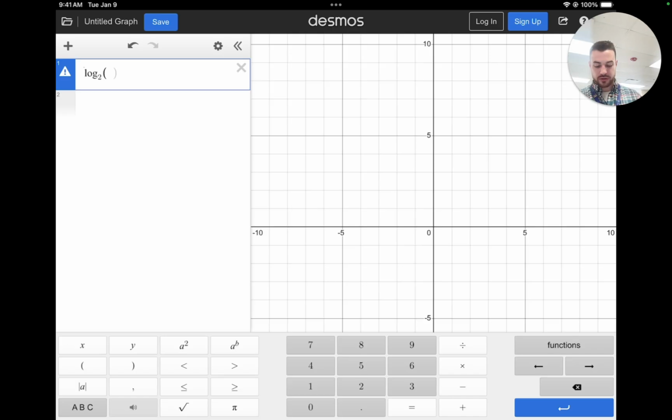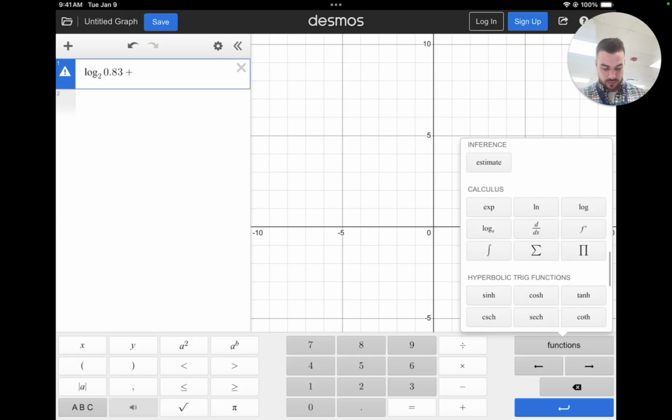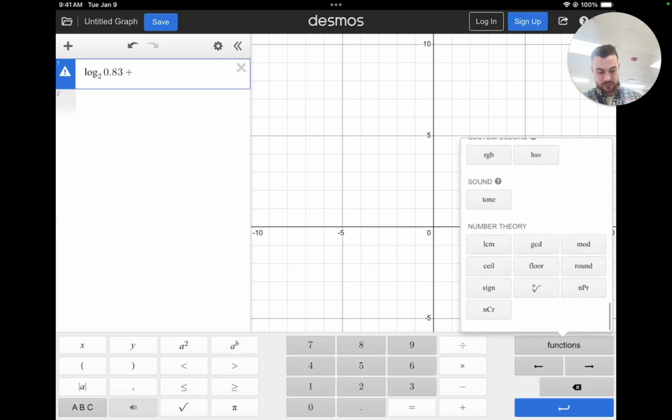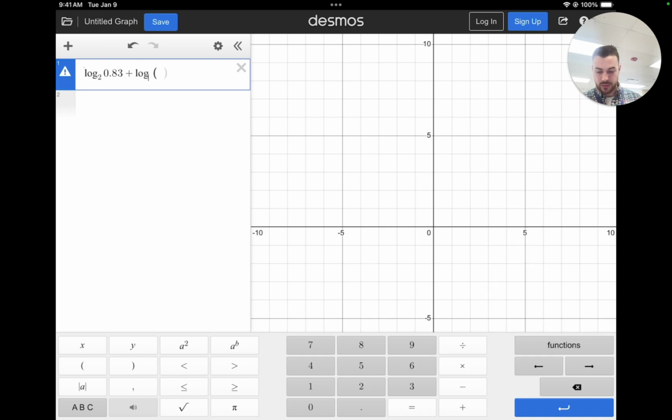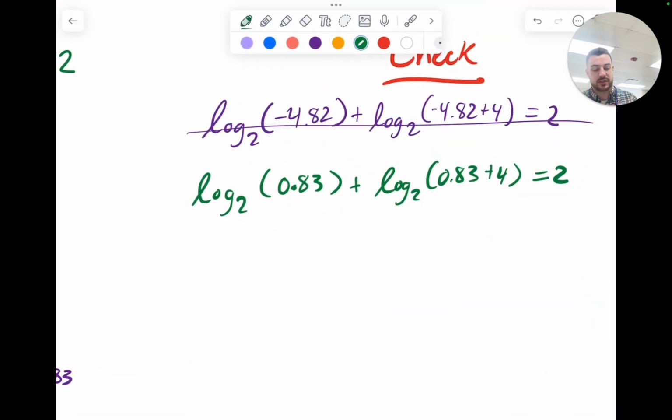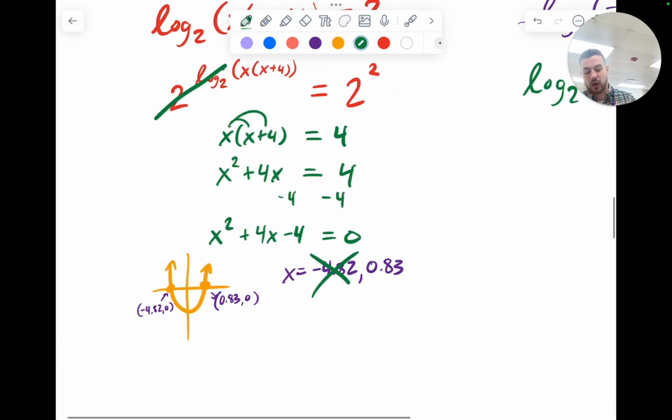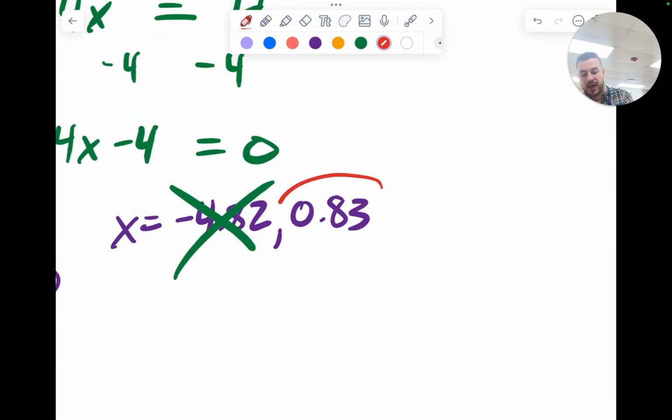Log base 2 of 0.83 plus log base 2 of 0.83 plus 4. As you can see, that gives us a little bit larger than 2, which should make sense because we rounded this up to 0.83. So that tells us that this does in fact work out. And our only solution is when x is approximately 0.83.